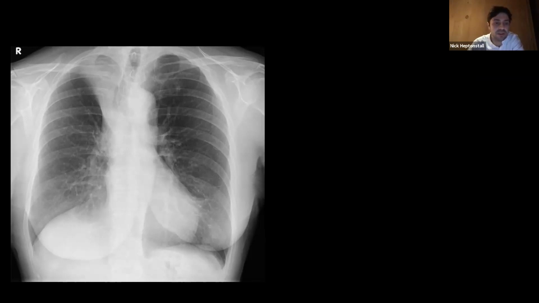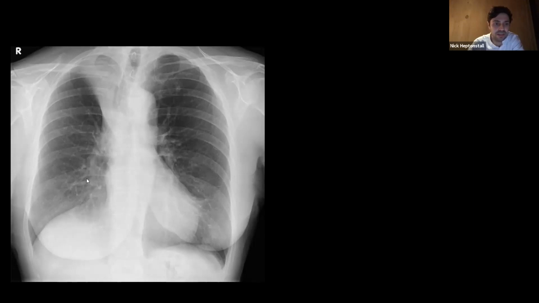So in the right upper zone, there's an opacity which is very clearly demarcated. So there's a very clear, crisp line. The right hilum does not look normal. You cannot see the vessels as clearly as you could before, particularly the right lower lobe pulmonary artery is not in its normal place.